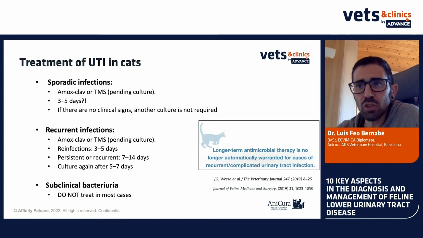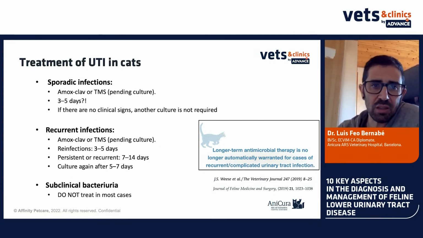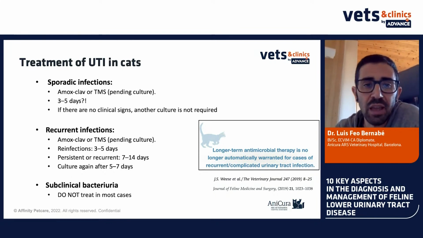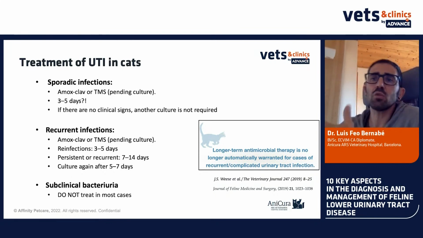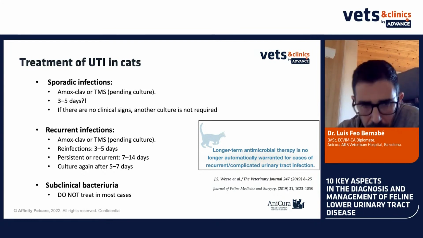Probably you also have to change the days: if you have a reinfection, it's only 3 to 5 days. If you have a persistent infection or relapse, you have to give a longer treatment of 7 to 14 days. And what we tend to do in these cases is culture this urine again 5 to 7 days after you have finished the antibiotics.